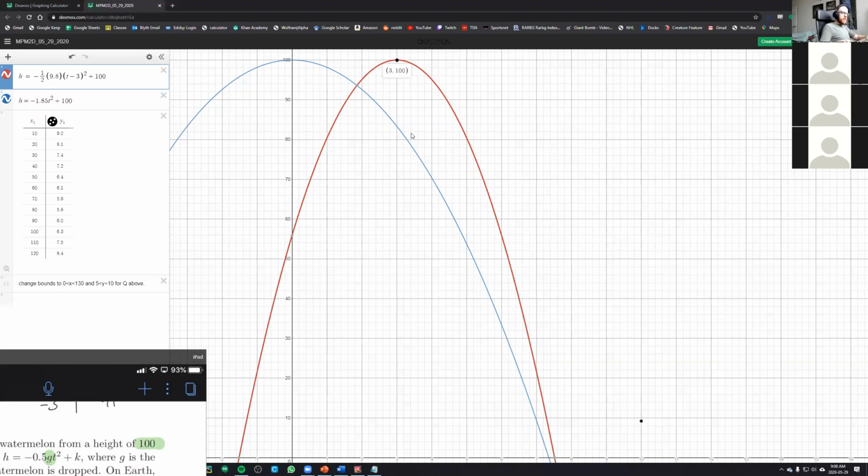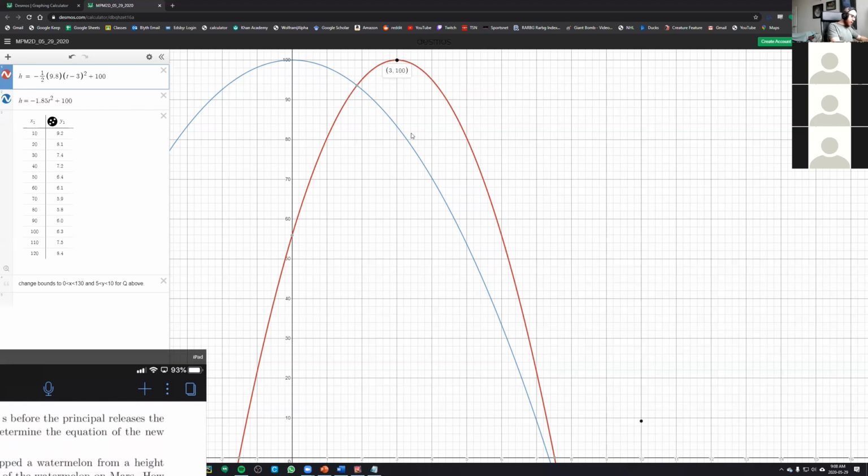So in this scenario, waiting 3 seconds, then dropping the watermelon, we can express that using a transformation, which is kind of cool. So for part A, if we wait 3 seconds, our new expression will be negative 4.8 times (t minus 3) squared plus 100.